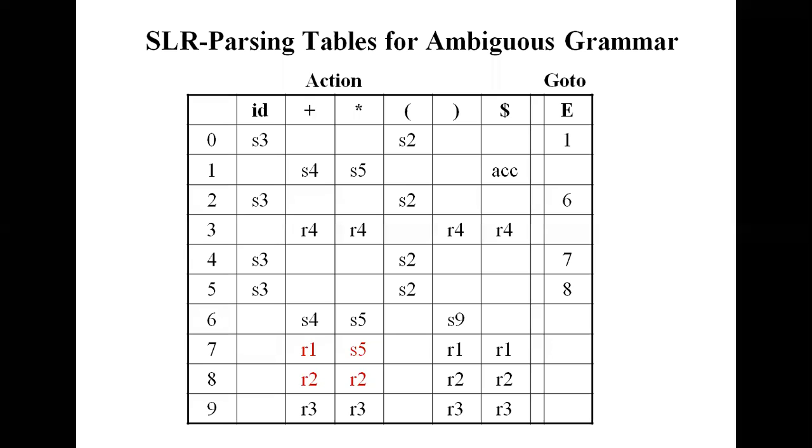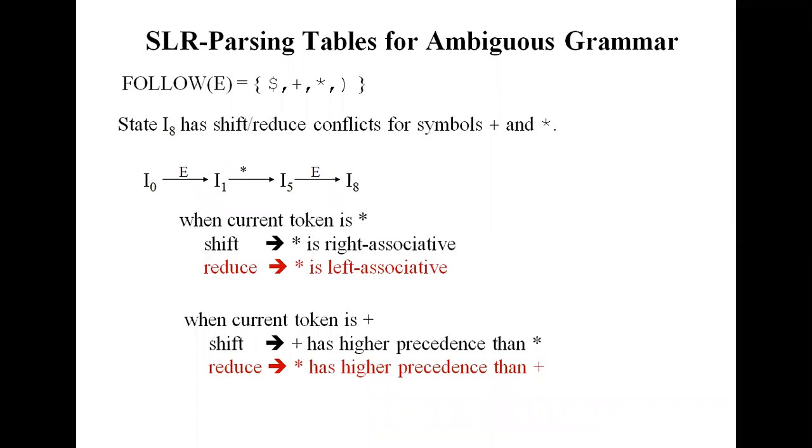Here, to show that it is an unambiguous grammar, I need to resolve the problem. So now I am showing that this construction table of LR(0) is an unambiguous grammar, and this is enough for the concept of converting an ambiguous grammar to an unambiguous grammar.